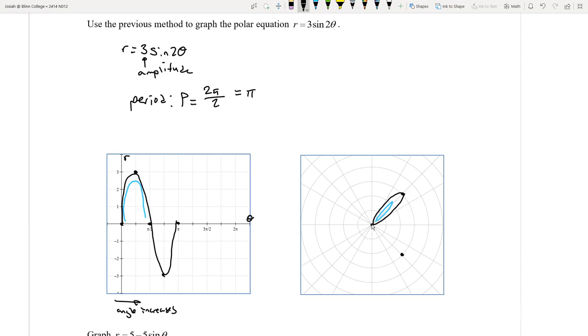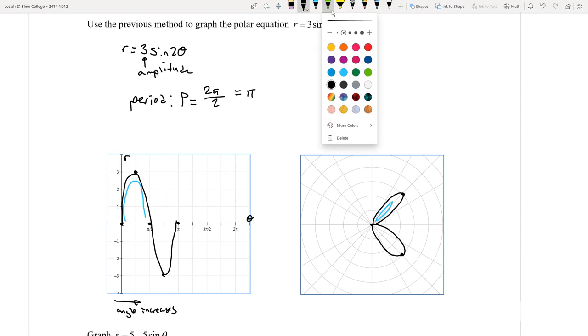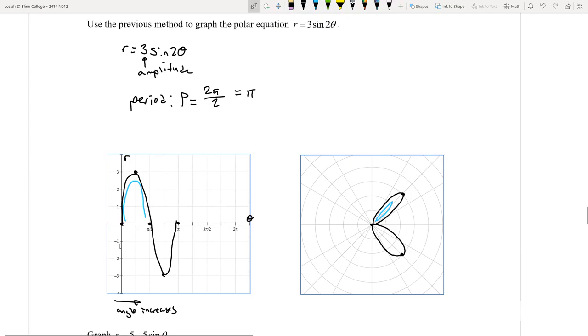And so we'll end up making the same sort of shape as we did before. And that'll be this particular section here.